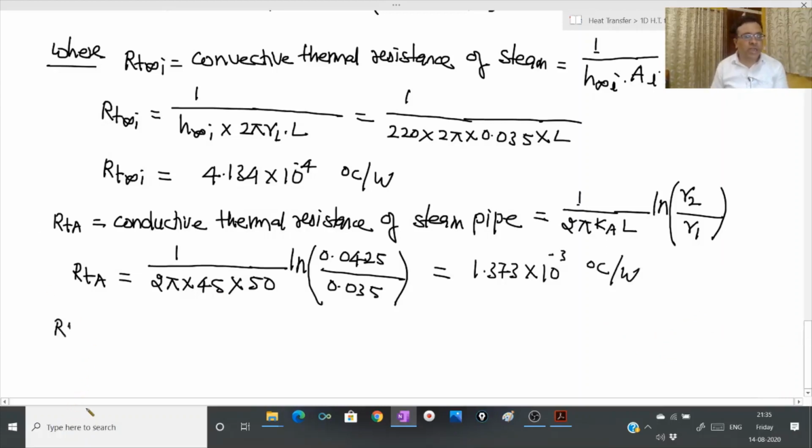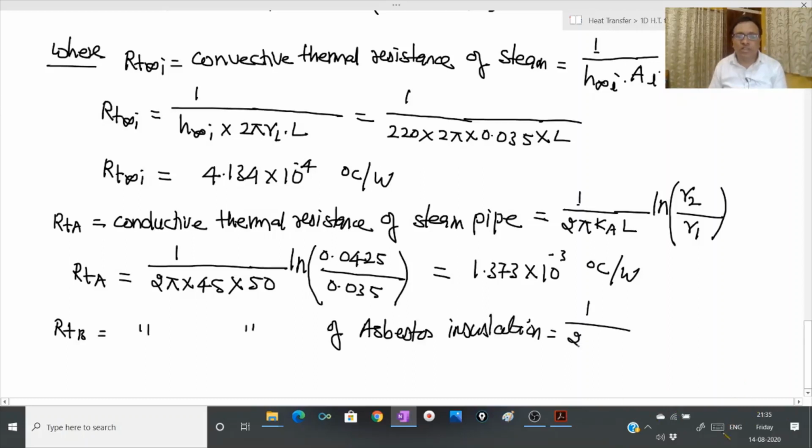Similarly, RTB will be the conductive thermal resistance of the asbestos insulation. Once again, for a cylindrical wall, it will be given by 1 over 2 pi KB into L log of R3 over R2.